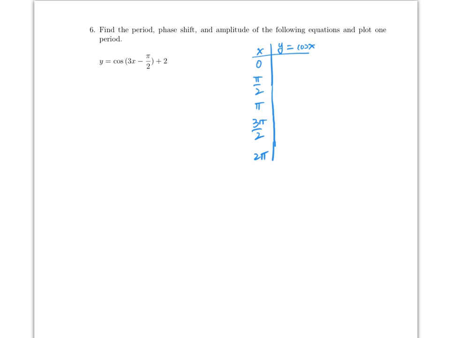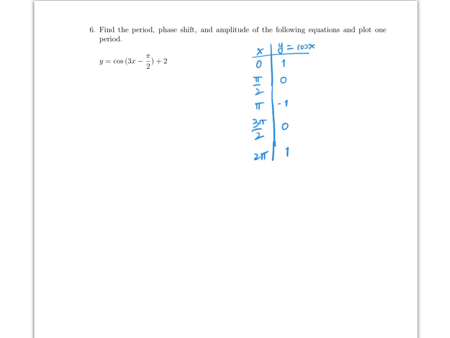And the values for cosine here are 1, then 0, -1, 0, and 1. Okay, so we have used that before. We're going to use those values again.